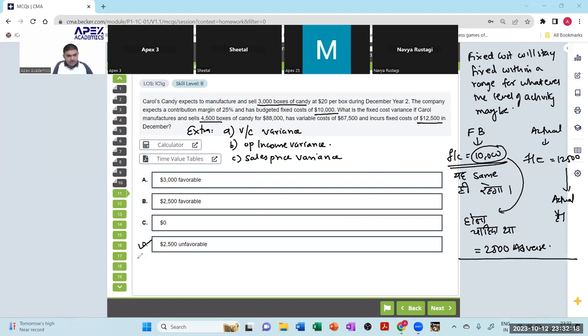My next question is, what is your variable cost variance? My dear friends, they are expecting a contribution margin of 25%. Sales minus variable cost is equal to contribution. 100 minus 75 is equal to 25.